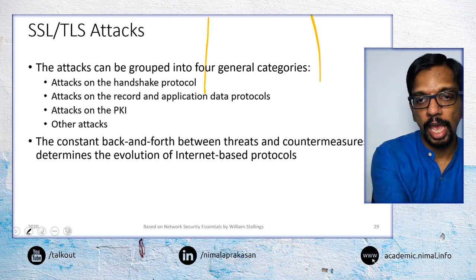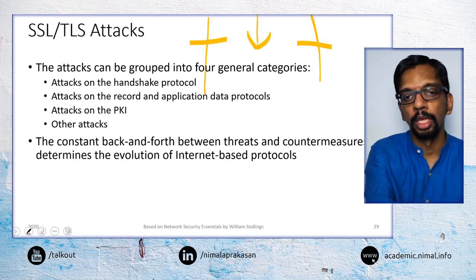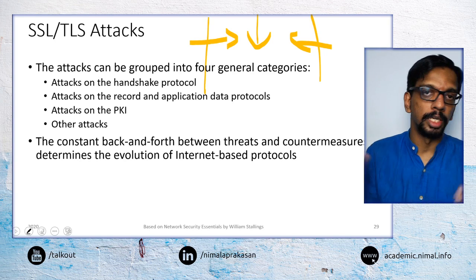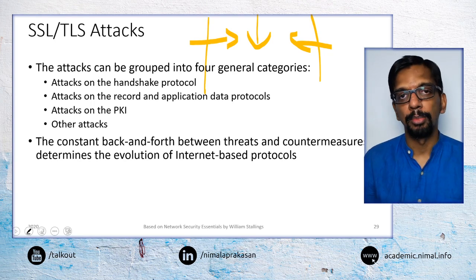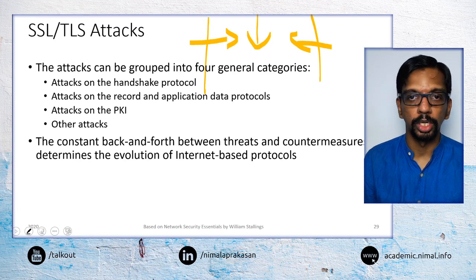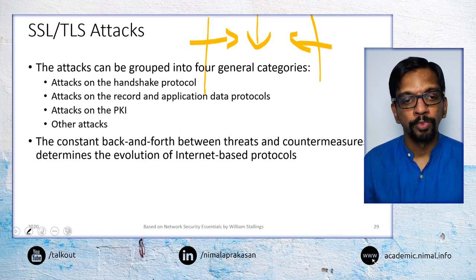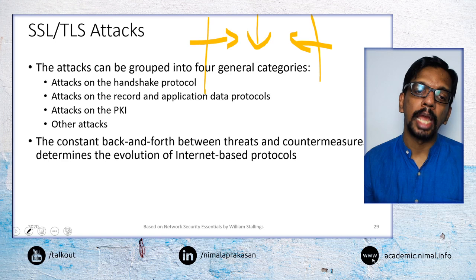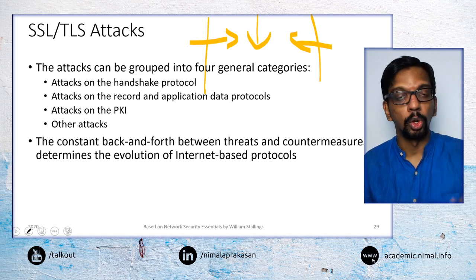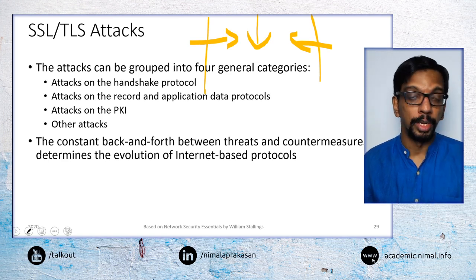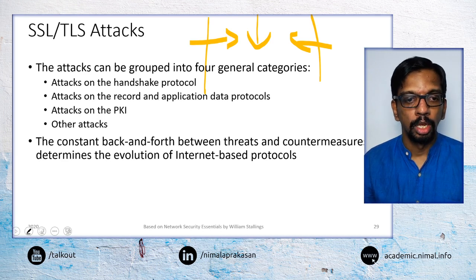If a handshake is happening between two entities, and an entity can come in between, intercept that, and still establish a form of connection between these two entities, that could be a form of attack. Then there can be other attacks on the record protocol or other application data protocols.